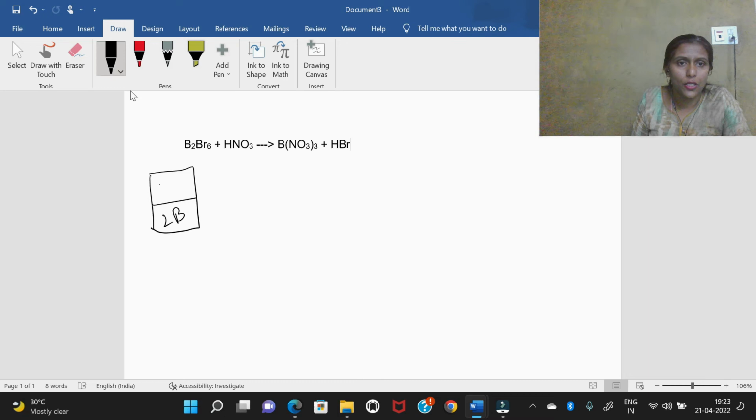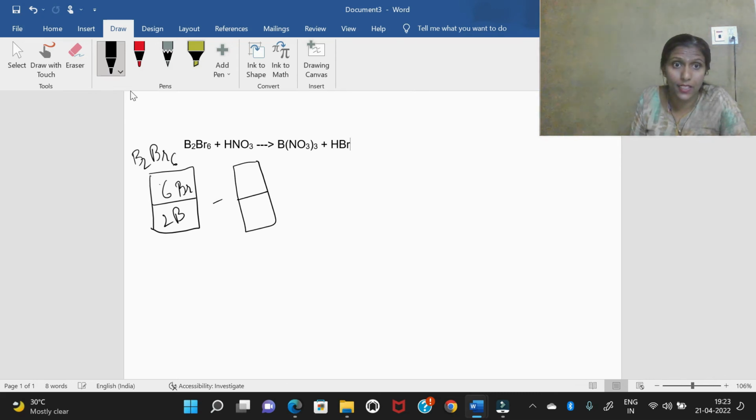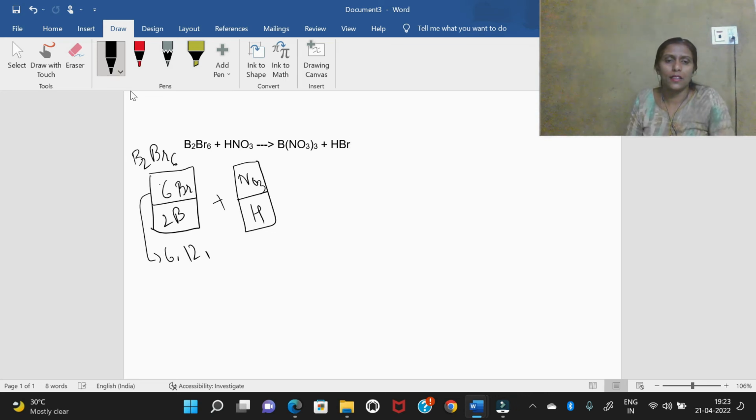Here, 2B and in the B2, see this is B2, BR6, comma 6, 6 BR. Okay. Another family, another packet has from the government itself 1 H and NO3 also 1. And this BR is in the multiples of 6, 12 as we increase the number of bags, 18.